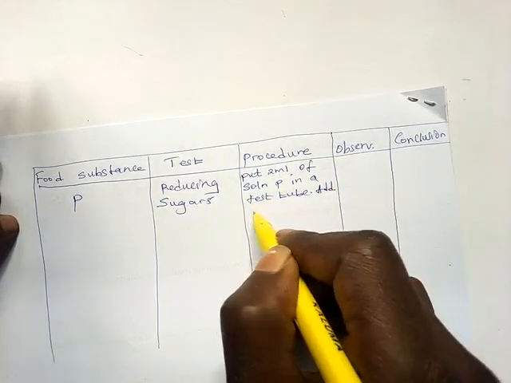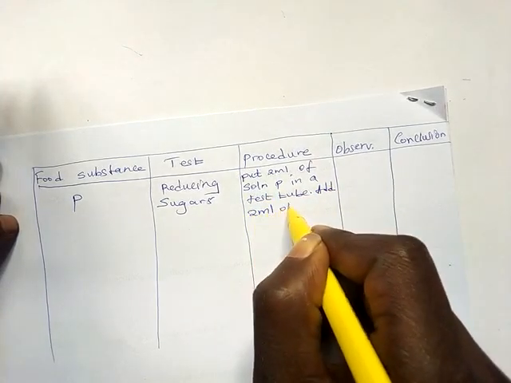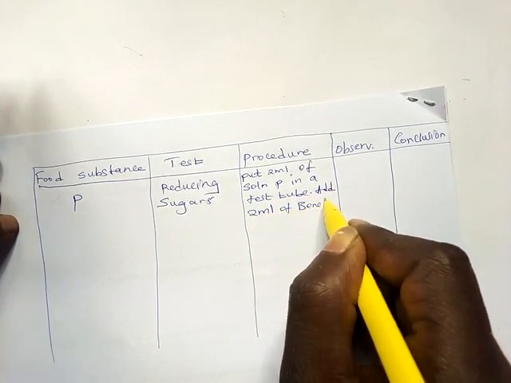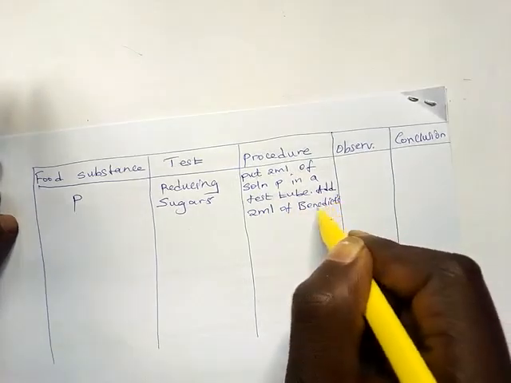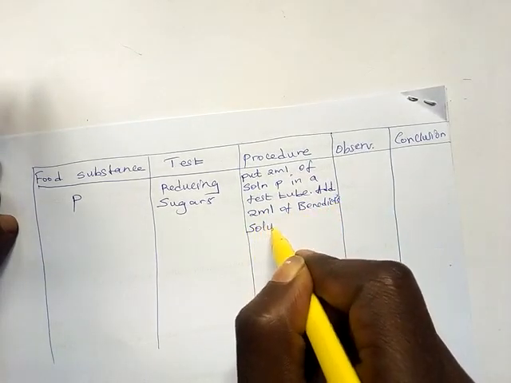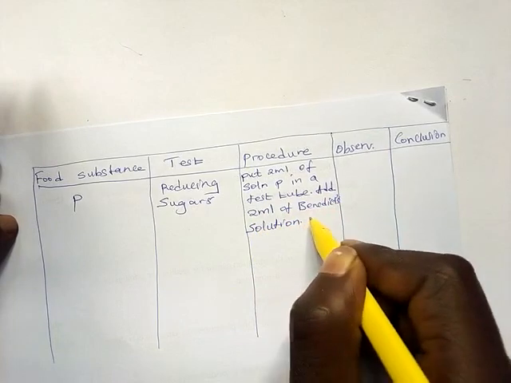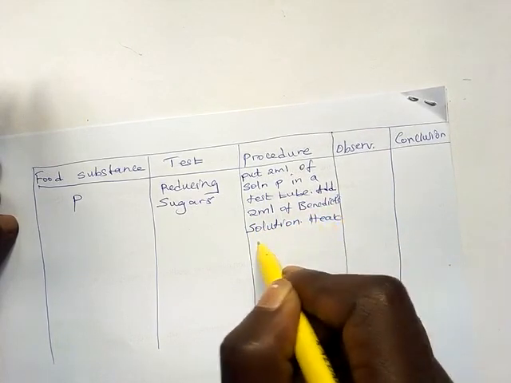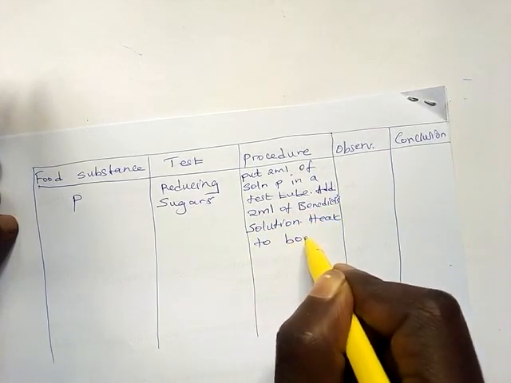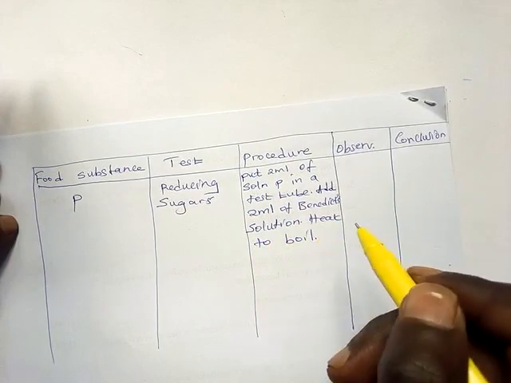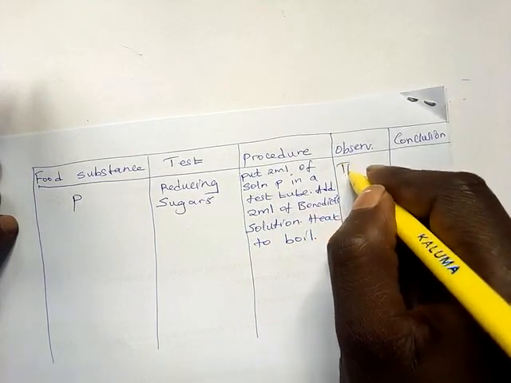Add an equal amount, 2 milliliters, of Benedict's solution, and then you heat to boil. Now your observation will be the color changes.